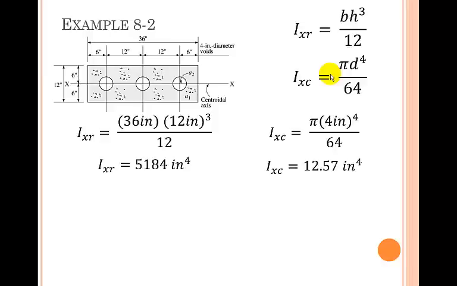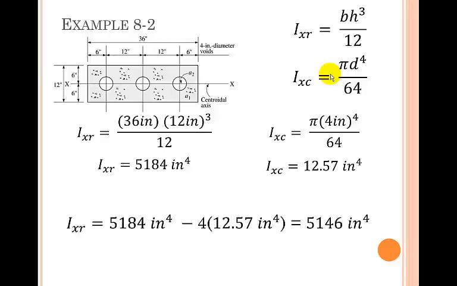So we get 12.57 inches to the fourth. We take that area moment of inertia as negative, and we have to take it for all 3 circles that are missing. So we end up with 5,146 as the final answer.